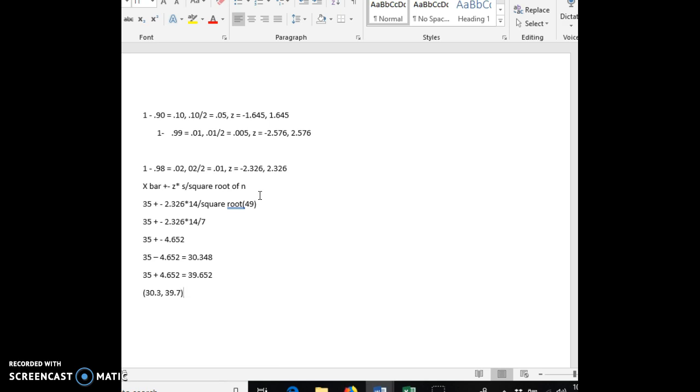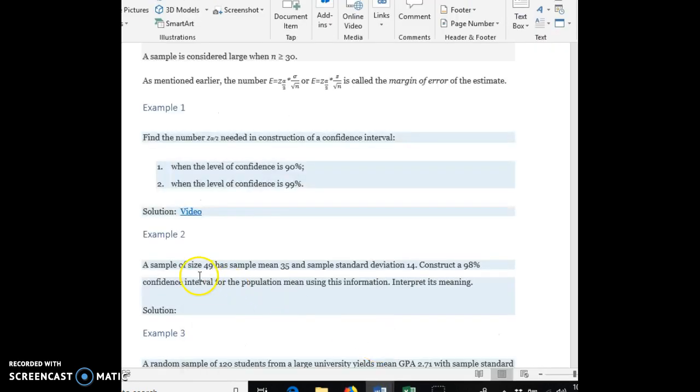Now, it's always important to write your confidence statement after you've come up with your confidence interval, and on your test it's going to ask for that confidence statement. So since we had a 98% confidence interval, we are 98% confident the true mean, that means our population mean, and in this particular instance, let's see, did it tell us what this mean was about?